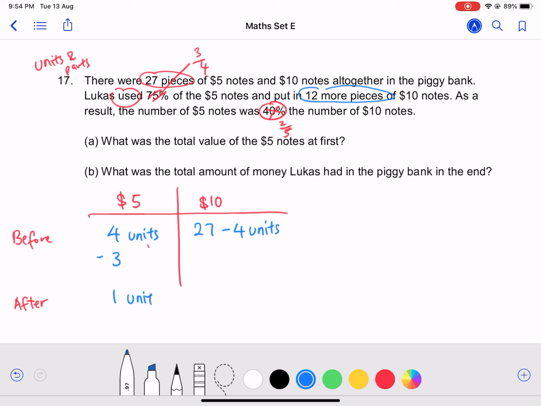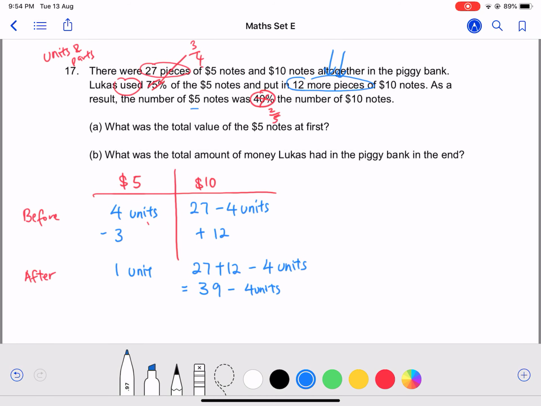So I just take 27 minus 4 units. Although it looks like nonsense, we'll just write it down first. Then after that you use up 3/4 of the $5 notes and you put in 12 more pieces, so this one now plus 12. Interesting: 27 plus 12 minus 4 units is what happens after that. And we can simplify it, right? 27 plus 12 is 39, 39 minus 4 units.